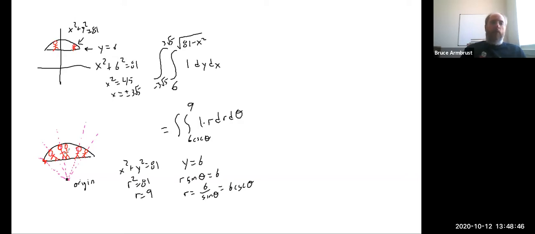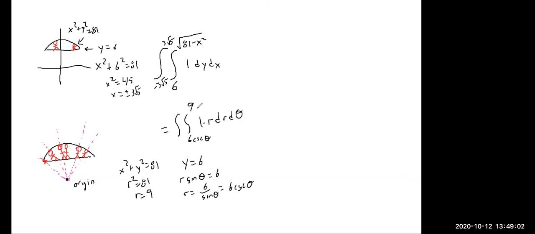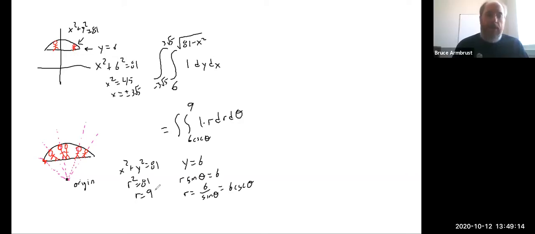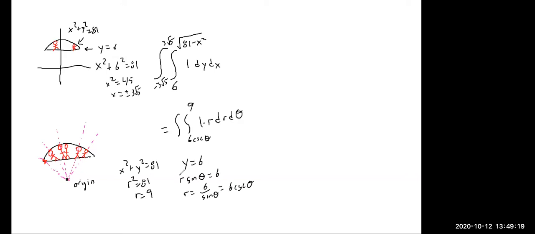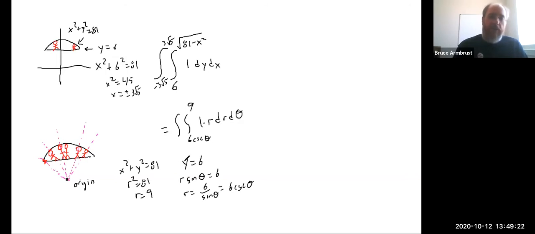So before we go to angles, questions on what I did here? Are we okay? I think so. I kind of get it. Why did we not use 9 for r sine theta equals 6? Are those different r's? Okay, so the 9 was specific to the circle. This r is generic r for y.